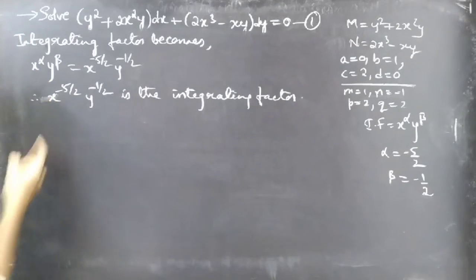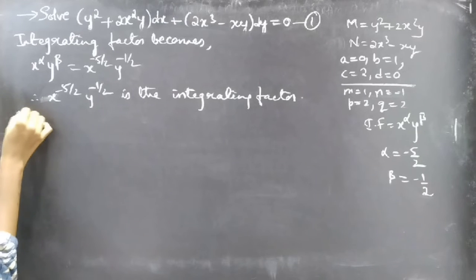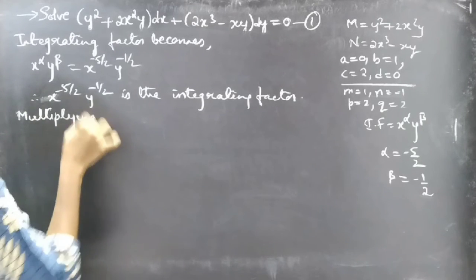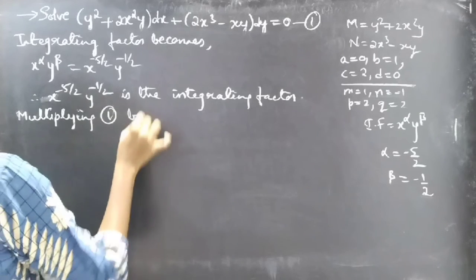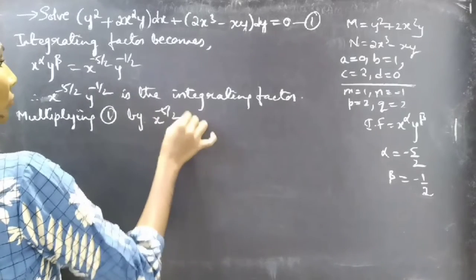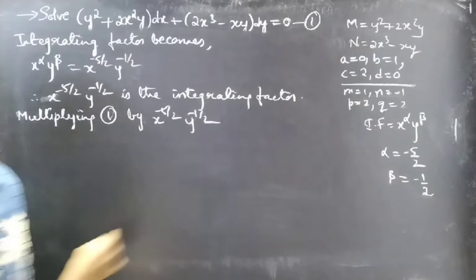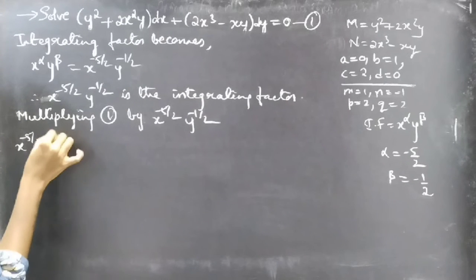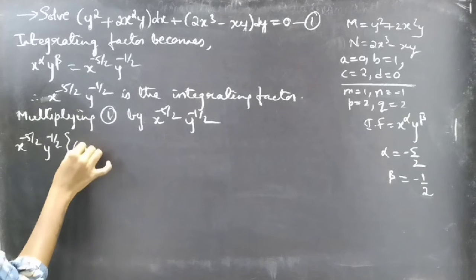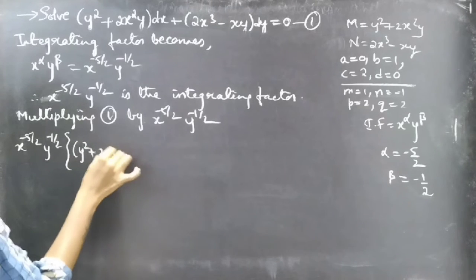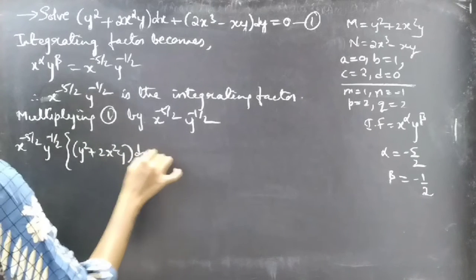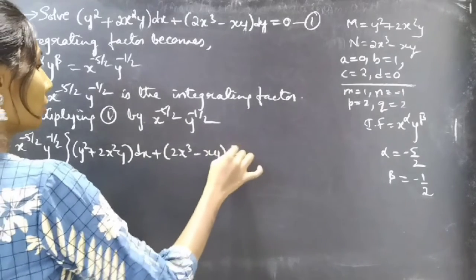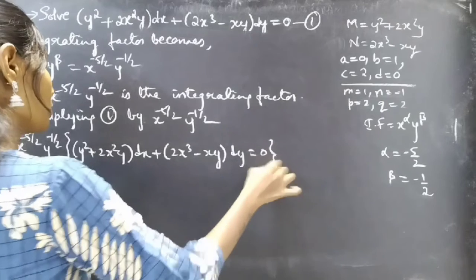Now multiplying equation 1 by this integrating factor gives (y^2 + 2x^2 y) dx + (2x^3 - xy) dy = 0, right?